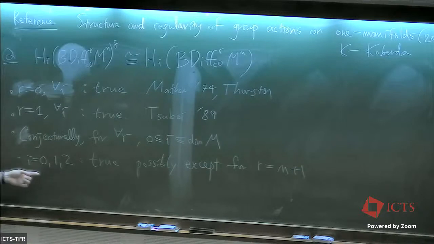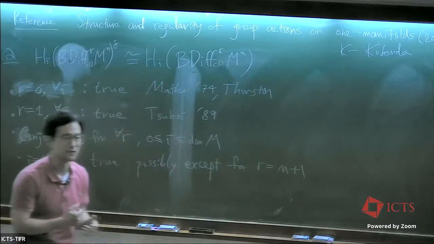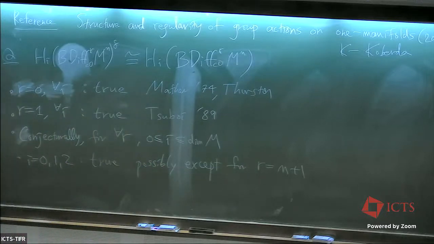So for this case, everything is fine as long as we know the simplicity of the diffeomorphism group. But if we don't know, not much is known, and conjecturally, this is true for all regularity up to dimension M. And for i larger than the dimension of M, there are counterexamples, I think, even for circles. So this is something that I'd like to mention.